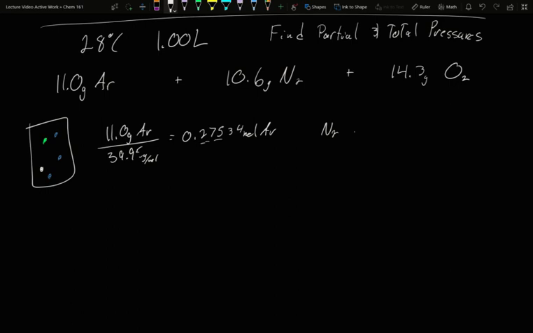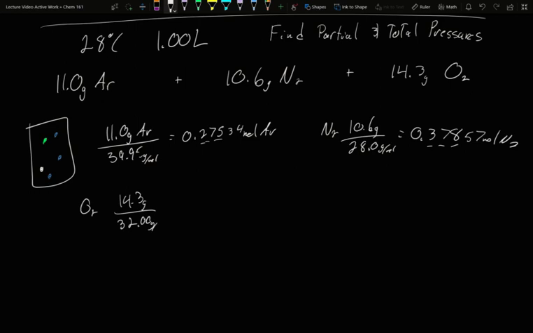If we do that for dinitrogen, 10.6 grams, 28.0 grams per mole, for 0.37857 mole of dinitrogen. And if we want to do it for the O2, 14.3 grams of O2 at 32.00 grams per mole for 0.44687 mole of O2.